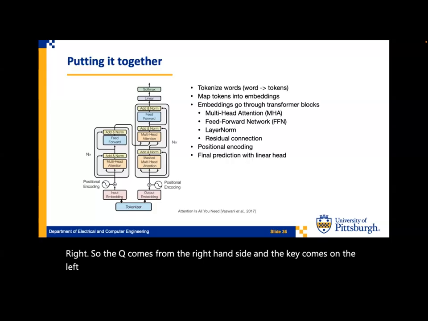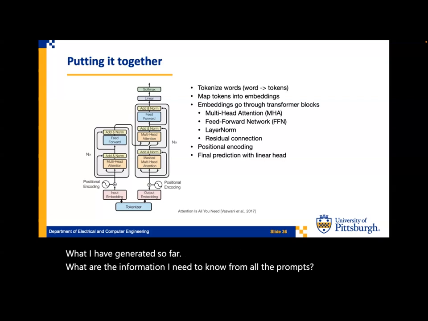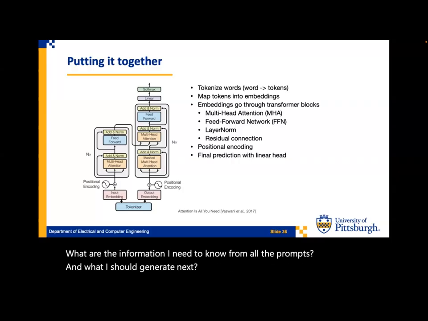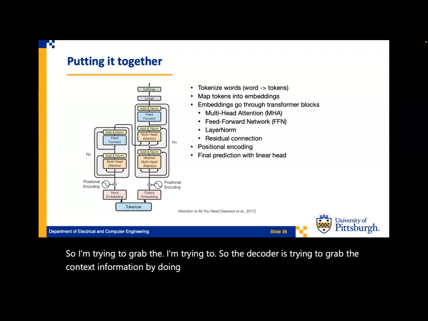What that means is, based on what I have generated so far, what information do I need to know from all the prompts, and what should I generate next. So the decoder is trying to grab the context information by doing the cross attention with all inputs.